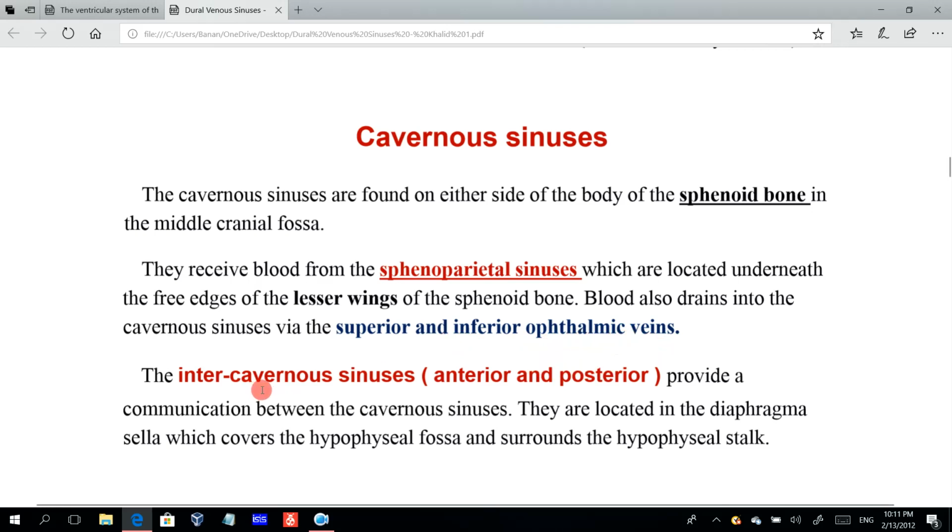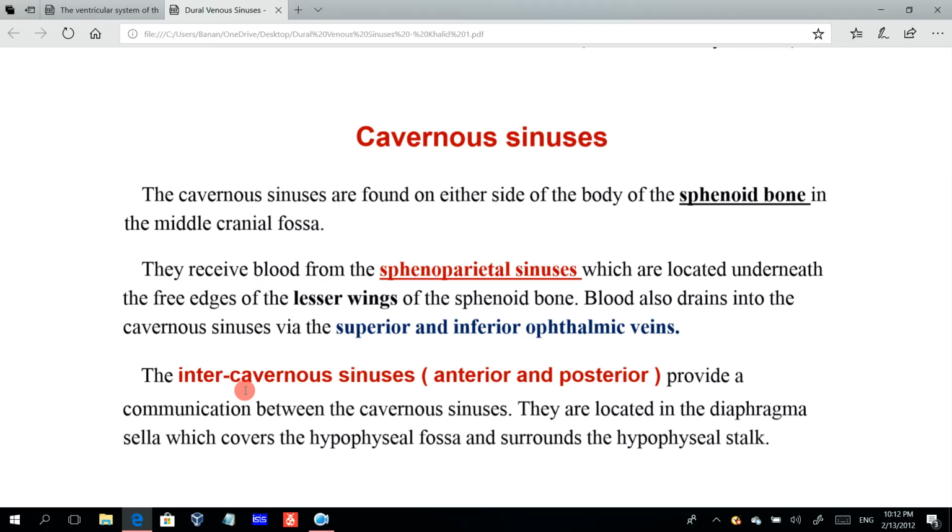We also have small sinuses called the intercavernous sinuses, and these intercavernous sinuses are two. One is anterior and the other is posterior. Why is it called intercavernous sinus? Because this sinus connects the right cavernous sinus to the left cavernous sinus.